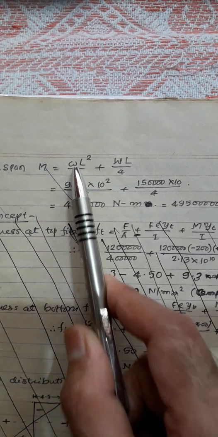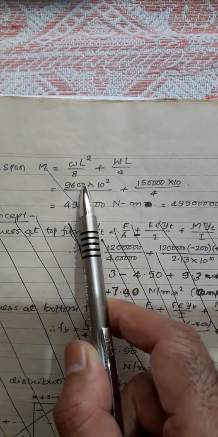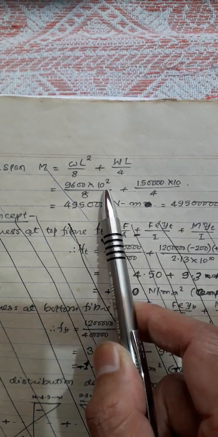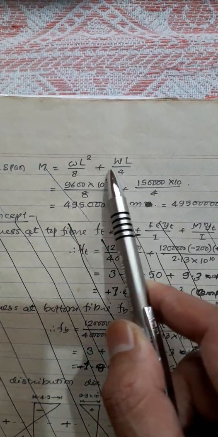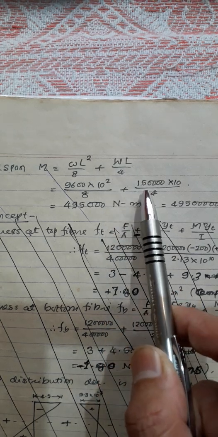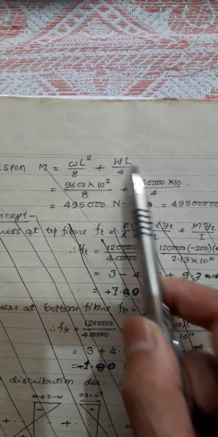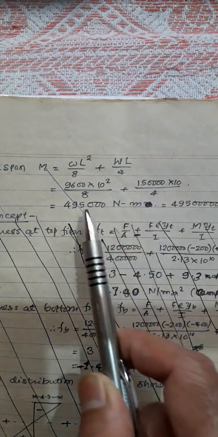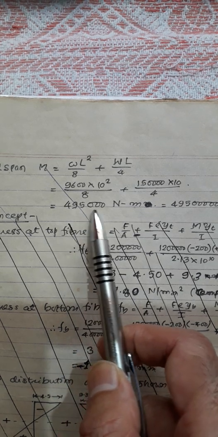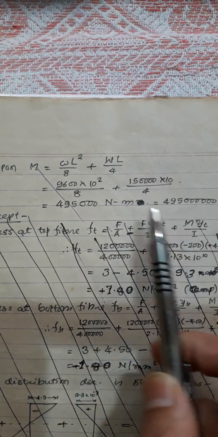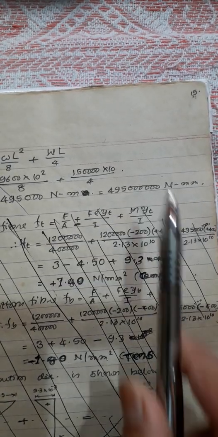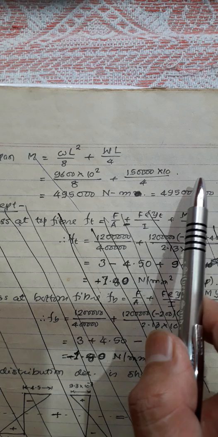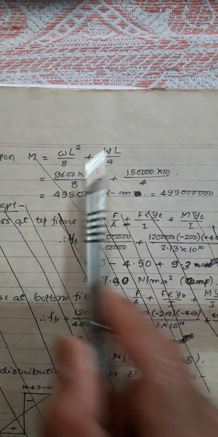So W, the UDL value, and the span you know, divided by 8, plus capital W, the point load intensity, and span, divided by 4. It will give me 495000 Newton meter, or into 1000 will give me Newton mm. This is the bending moment which I have calculated for this beam.